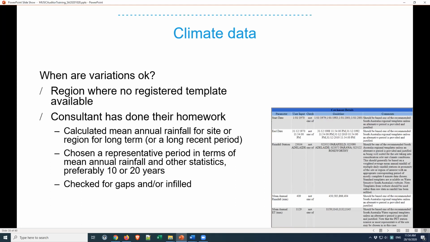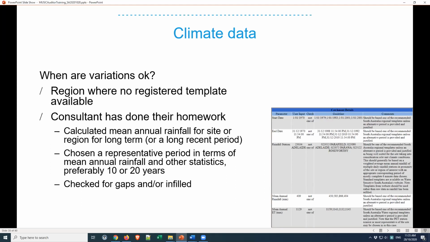So I would suggest that the obvious is all the regions outside that Adelaide metro area where you don't have a template, then obviously people are not going to pass that test and they're going to have their own template. What I would look for in that case is that the consultant has done their homework, that they've worked out a mean annual rainfall for the site for either the long term or they've done it for a lengthy recent period, that they've chosen a 6 minute rainfall period that's then representative of that, and preferably using a minimum of 10 years of data or 20 years of data, depending on the purpose.